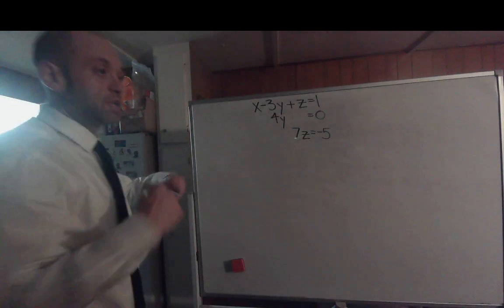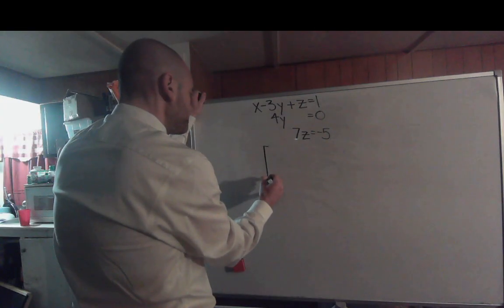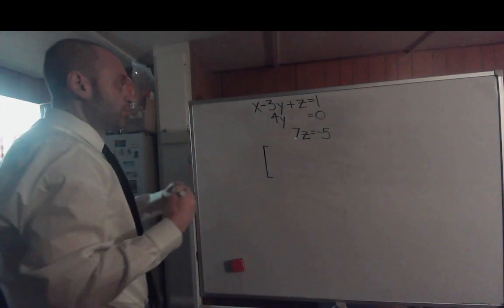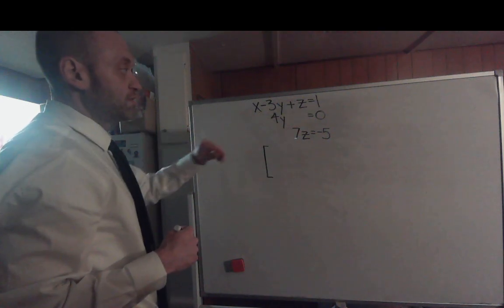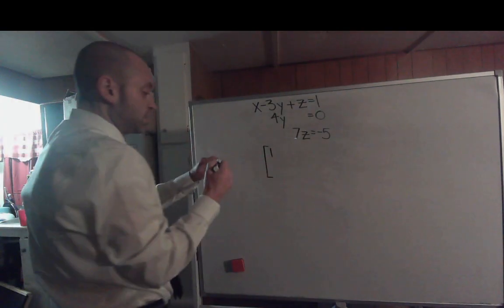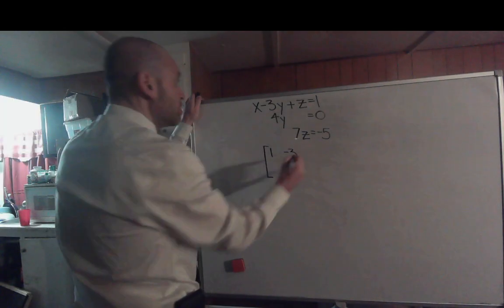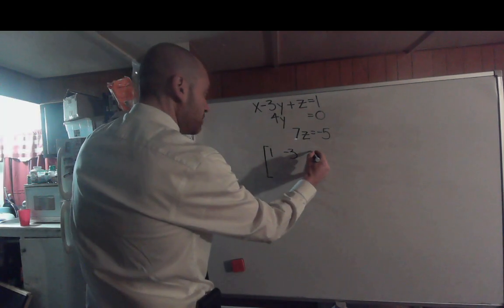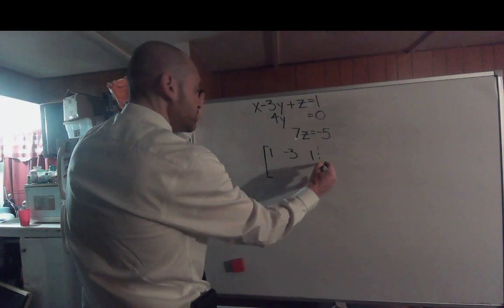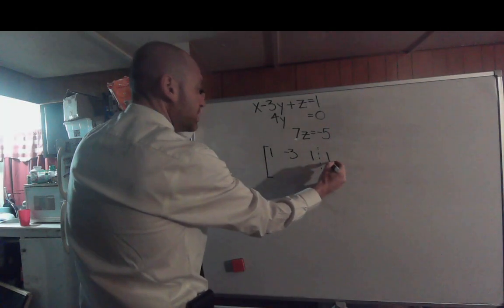Well, we're going to do it like we would any other one. So let's set up our brackets. The first entry in the first row, coefficient on the x, that's a 1. Coefficient on the y is negative 3. Coefficient on z is positive 1. And then we can do an augmentation line, and to the right of that would be a 1.